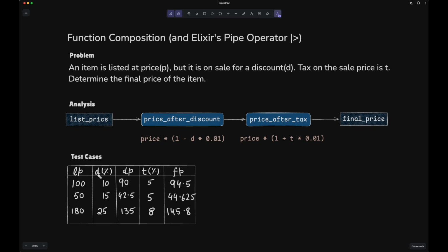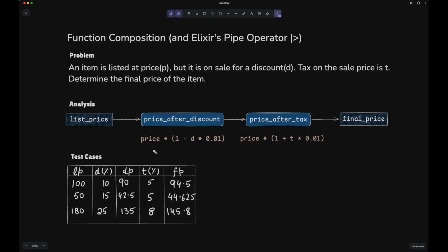Here are a few test cases where the first column is the list price. Then we have discount in percentage and calculated discounted price. And then we have tax in percentage and the calculated final price.